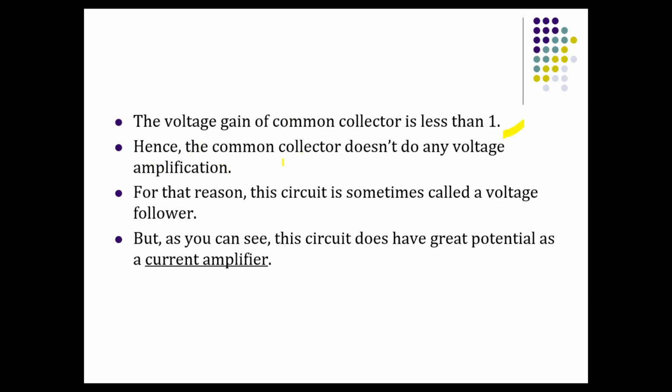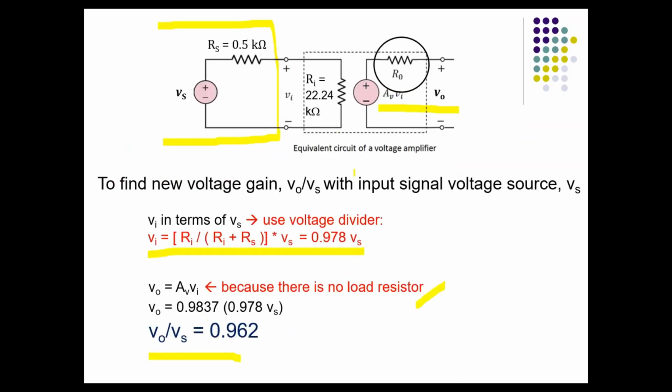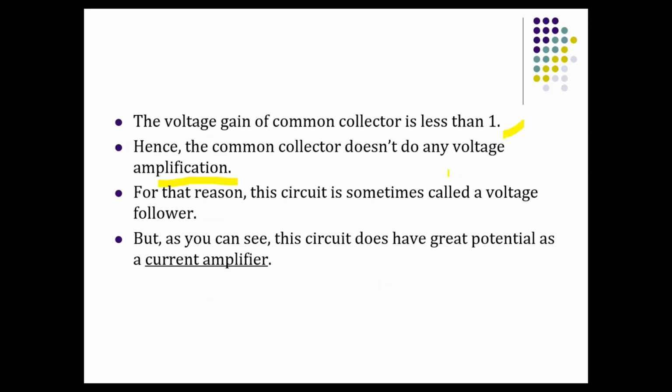So normally common collector is not used to do any voltage amplification. It is called a voltage follower because the gain is approximately equivalent to 1, so whatever the voltage input will be equivalent to the voltage output. However, this circuit will be used as a current amplifier. So common collector is normally used to amplify current instead of amplifying the voltage.